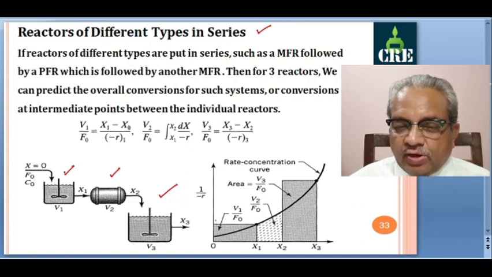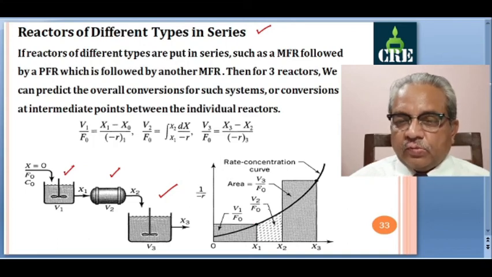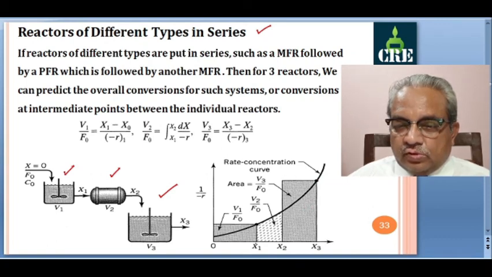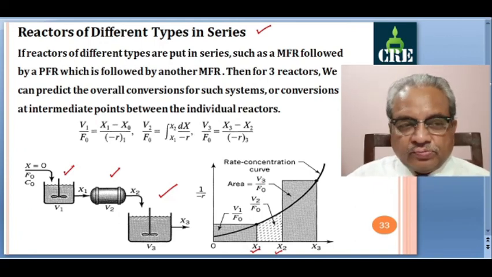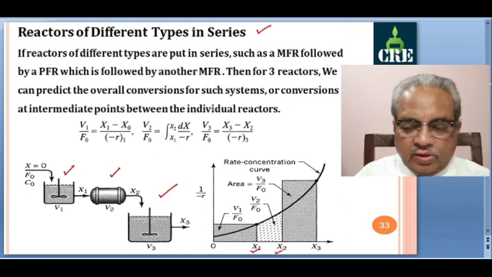Then we have the MFR, so again this rectangle. These intermediate points are to be found out so as to suggest the best scheme. So a similar method will apply here also.